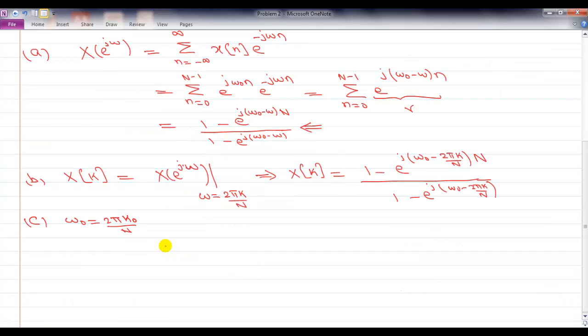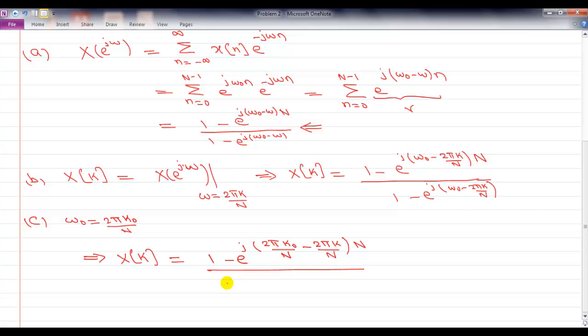What is the DFT in that case? Well, I simply replace that. I get X[k] equal to 1 minus e to the j (2 pi k naught over N minus 2 pi k over N) times N, over 1 minus e to the j (omega naught minus 2 pi k over N).